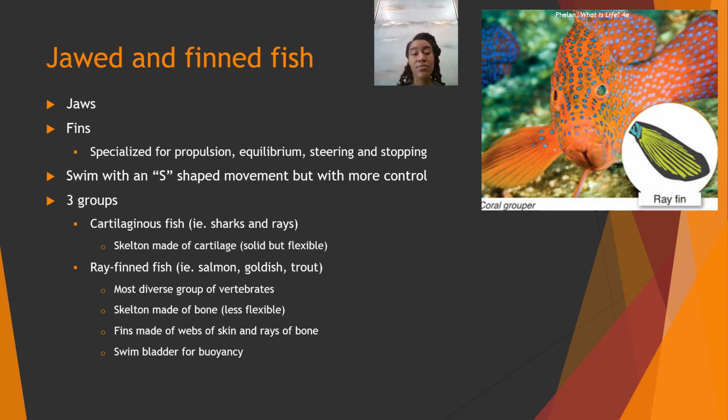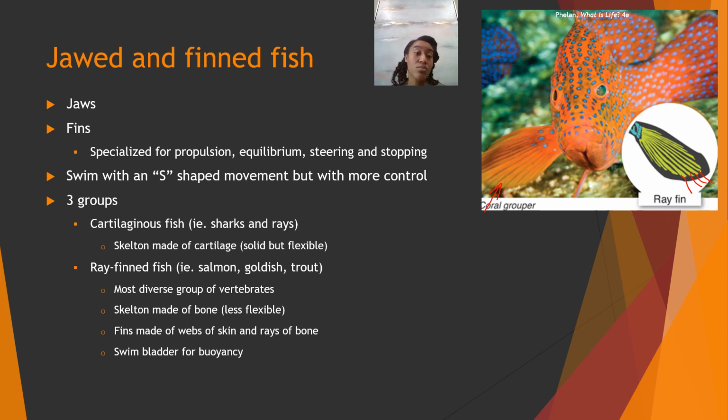They're called ray-finned fish because they have fins that are made of bone. Not just their fins, their whole body's made of bone, but they're called ray-fin fish because they have these bony projections. You can see here in this picture, all the green part of this image is showing you the bones. And the bone projections are webbed together by a membrane of skin, which you can see in the orange skin that's between the bones.